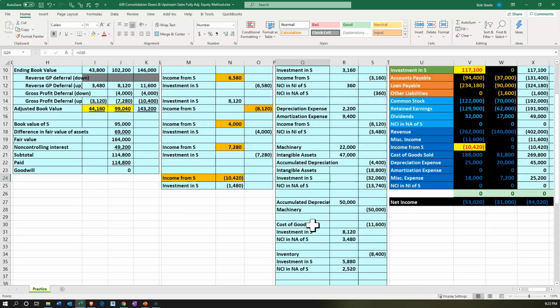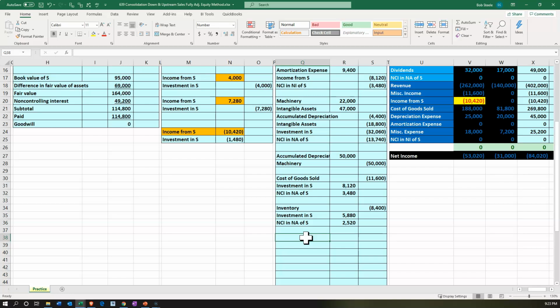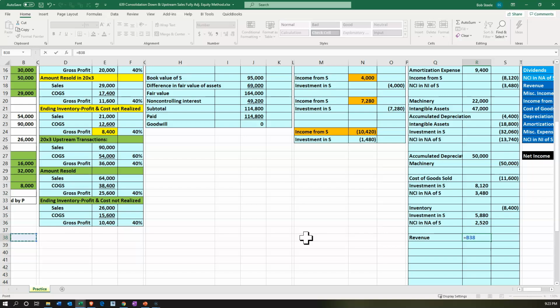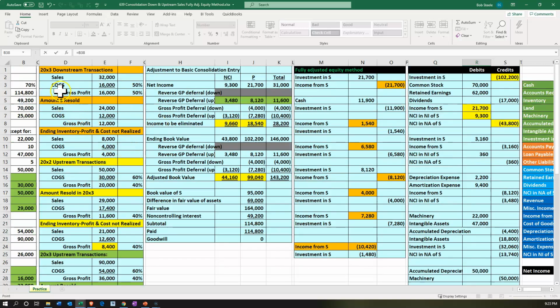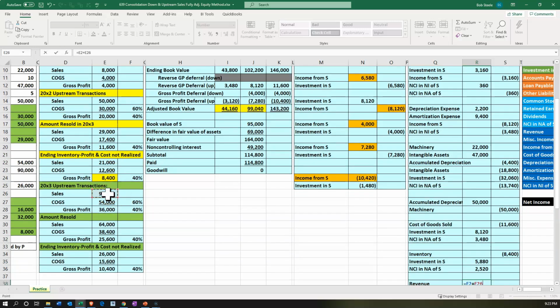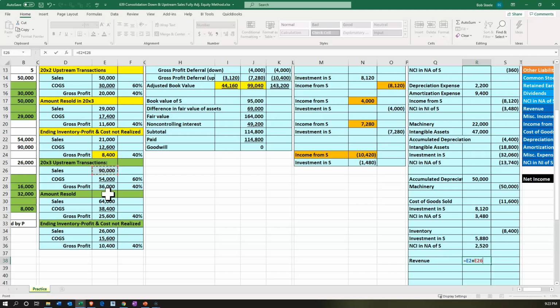Let's start with, I would think about revenue first now. We haven't dealt with the fact that the revenue is overstated. So I'm going to pick up the revenue, and that's going to be for the current year intercompany transactions. Revenue will be too high for the 2003 intercompany. So that's going to be the downstream and upstream for the 32,000 revenue here, and then the 90,000. So those revenues need to be reversed.